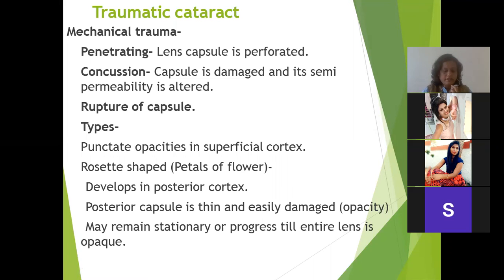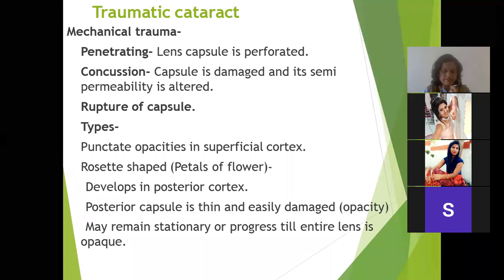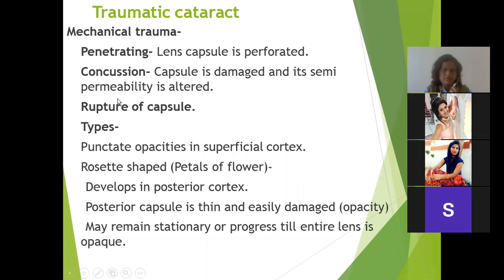So, traumatic cataract occurs due to concussion or penetrating injury, when the lens capsule is perforated or damaged and its semi-permeability is altered. So there is a rupture of the capsule.